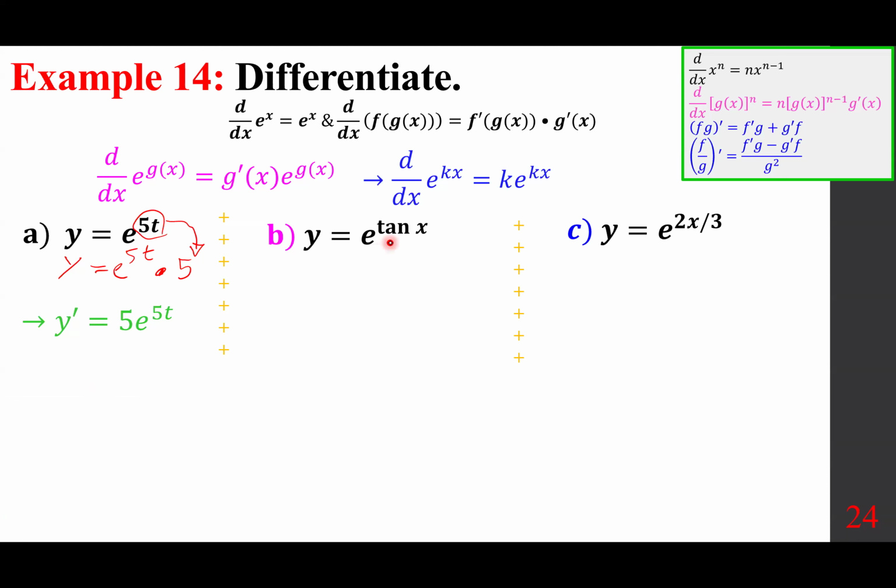I see an exponential, I write it immediately. Then I look at the exponent, and I need the derivative of the exponent, which is secant squared.